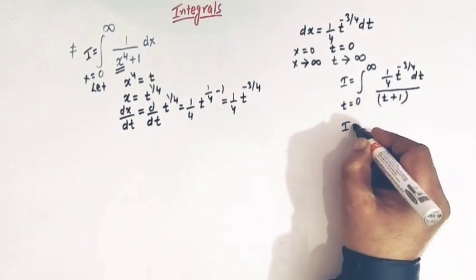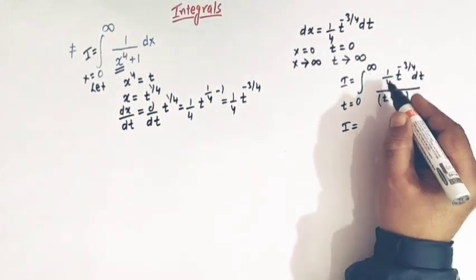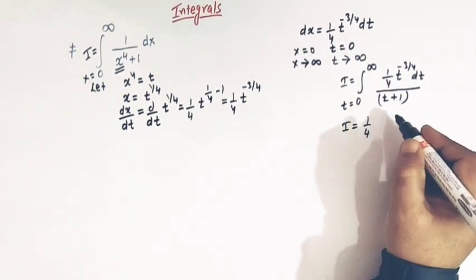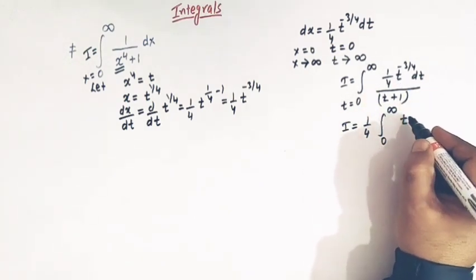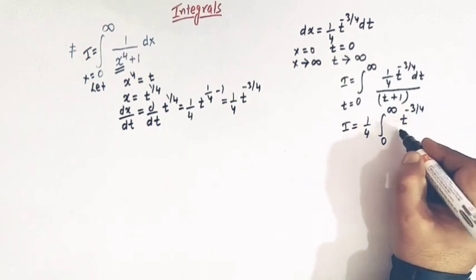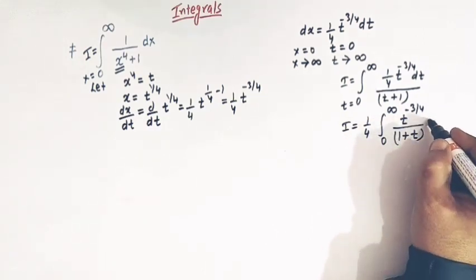So let us rearrange the terms. We can write 1 by 4 outside the integral. We have 0 to infinity, here we have t raised to minus 3 by 4, and here we have 1 plus t, right?